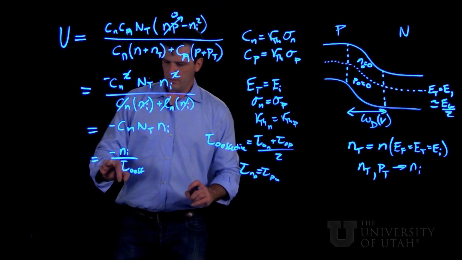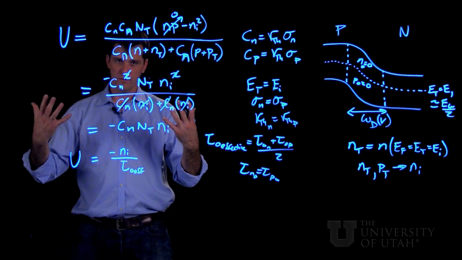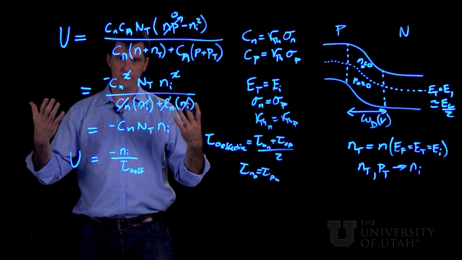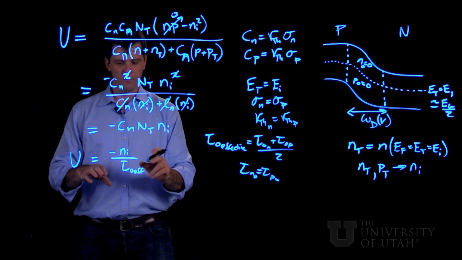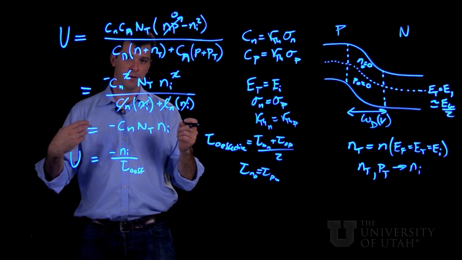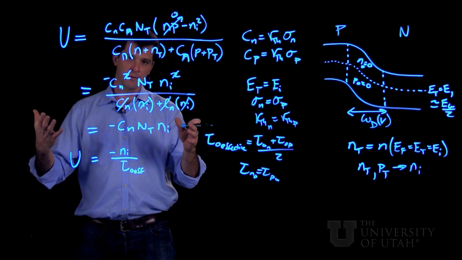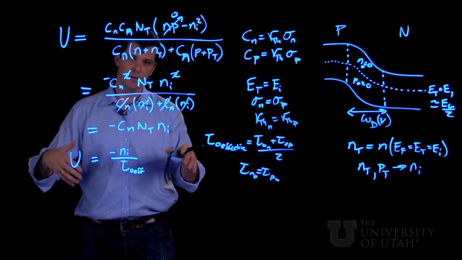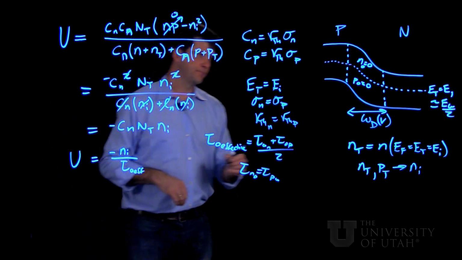So at the end of the day, this U becomes negative, and because generation and recombination have opposite signs, this means that this recombination center that we've considered in a normal region of semiconductor, inside a depletion width will become a generation center.